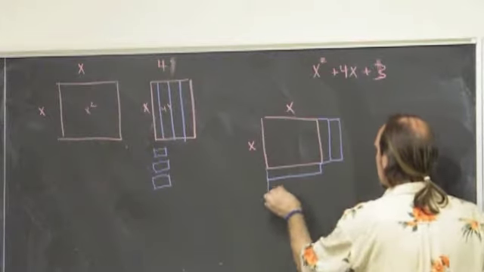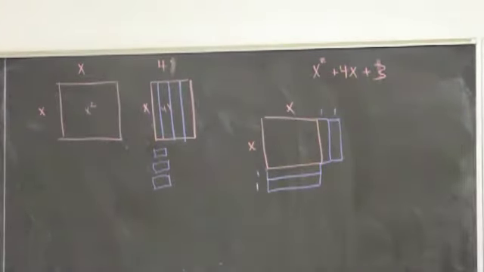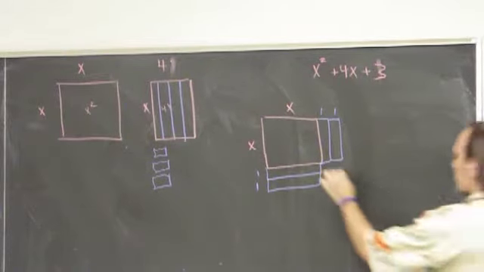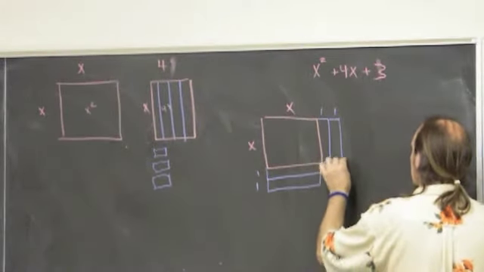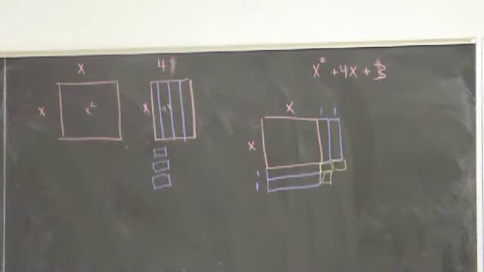Now, what about the 3 little 1-by-1s? Where can we put those? Arrange them in the hole that's left, and it'll be one short. So you notice that we are 1 short of having the perfect square.